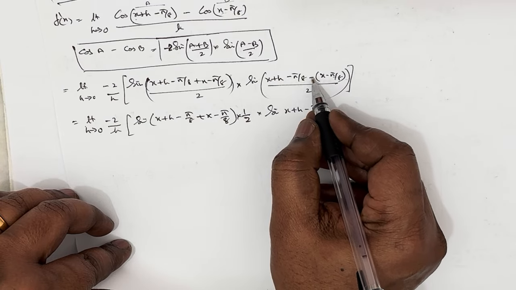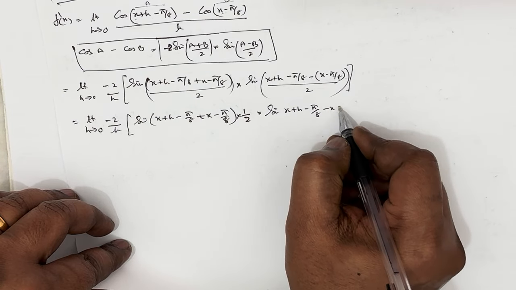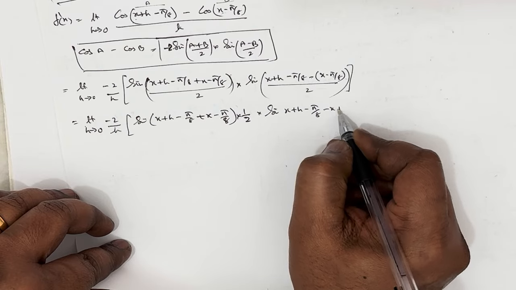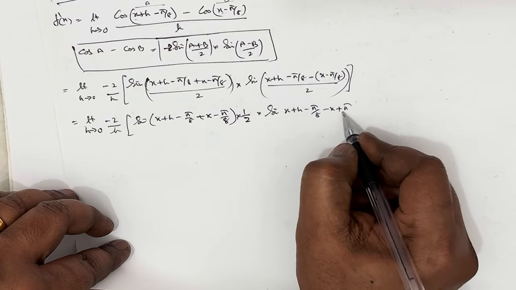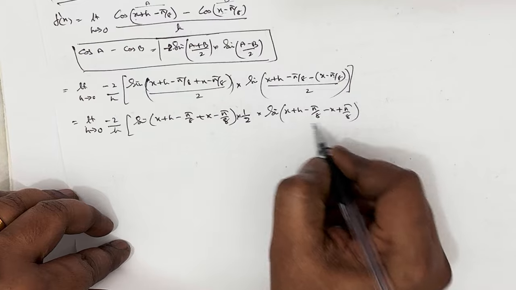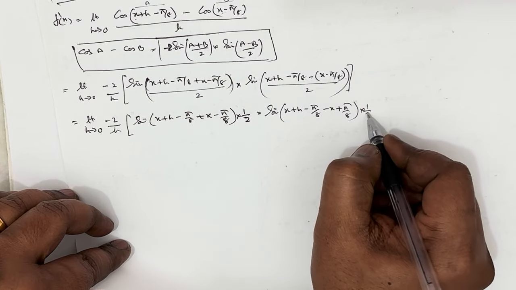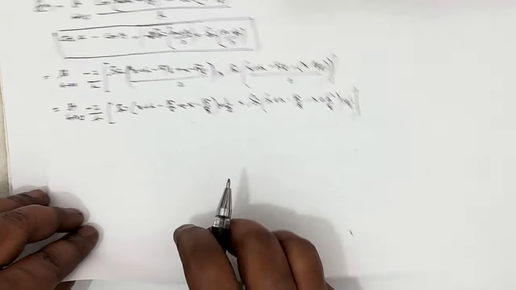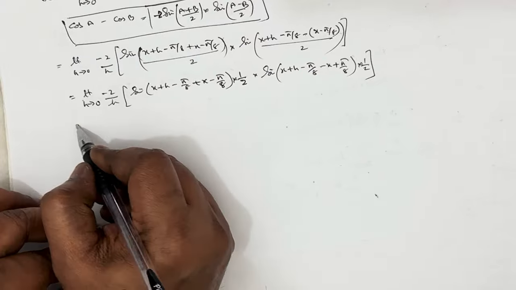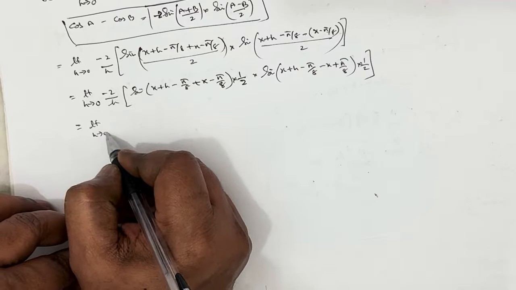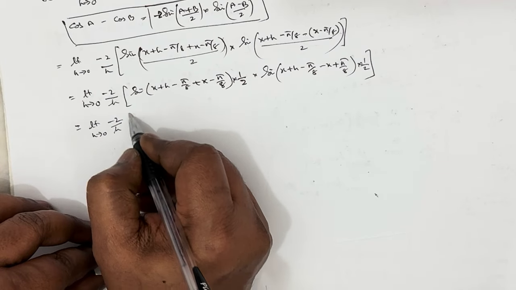When we open the brackets, the negative gets multiplied inside, so minus x, and minus into minus becomes plus pi by 8. This again has 2 multiplied by its reciprocal.